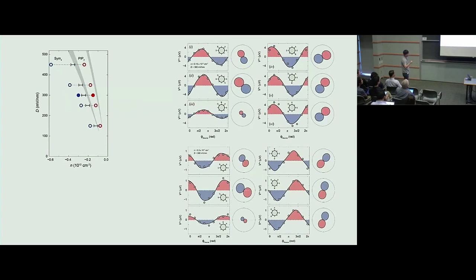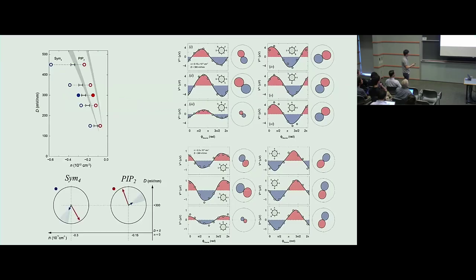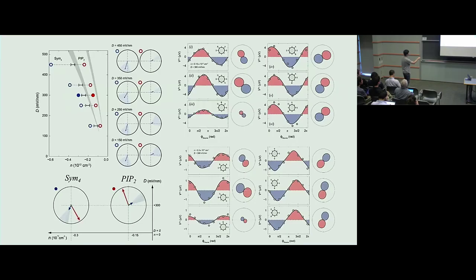Almost every configuration reverses sign exactly. What that means is that both the B and C vectors rotate by roughly 180 degrees when you go from PIP2 to symmetry 4. In fact, you can check this across the entire phase boundary at different D, that within the error of our identification, both the B and C vectors flip sign across this phase boundary.